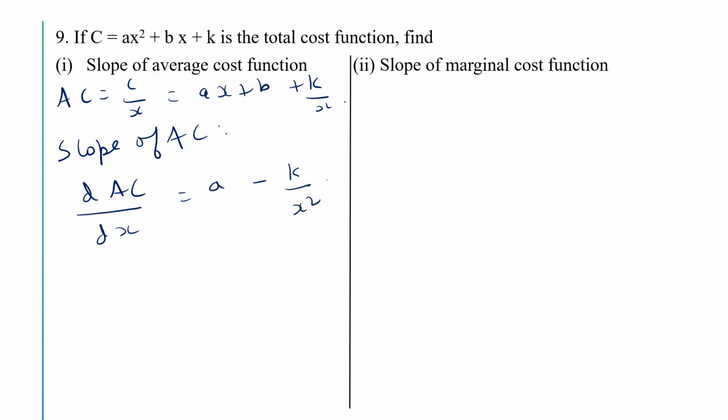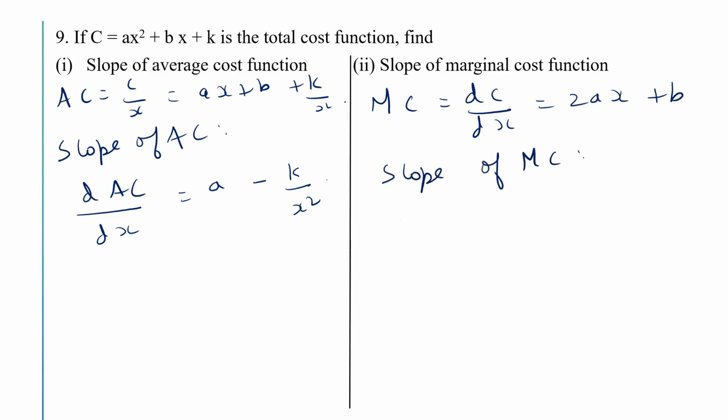Then the slope of marginal cost function. First let us find the marginal cost. It is dc by dx. So it is 2ax plus b. So slope of marginal cost is given by d by dx of the marginal cost. So it is equal to 2a.